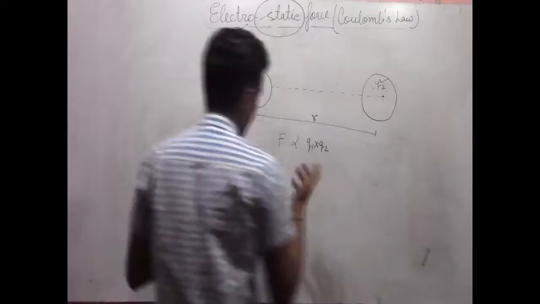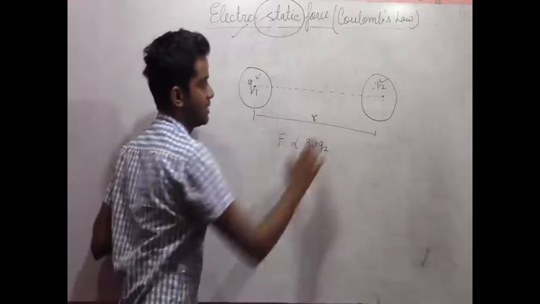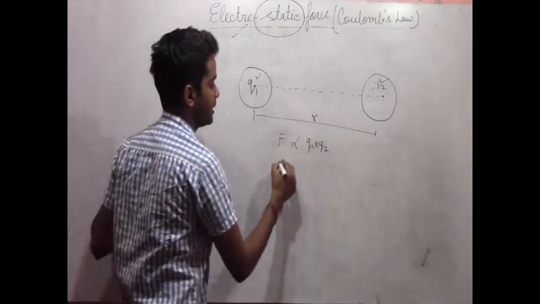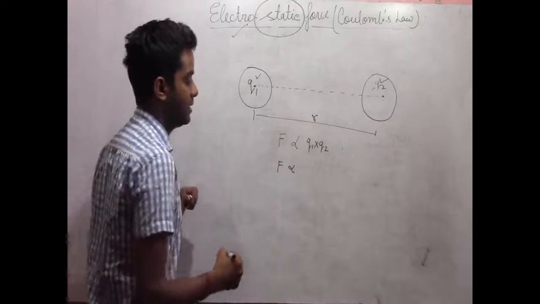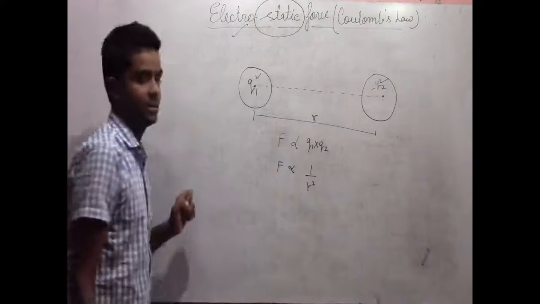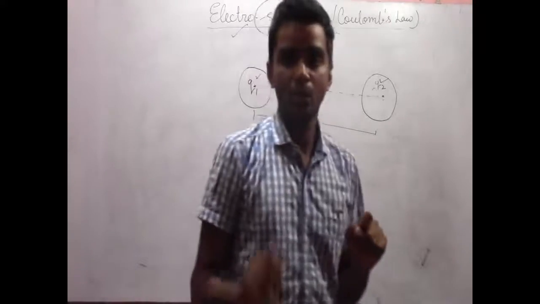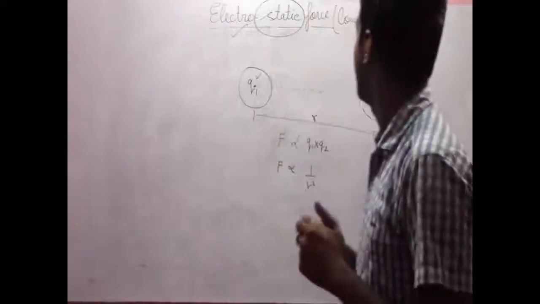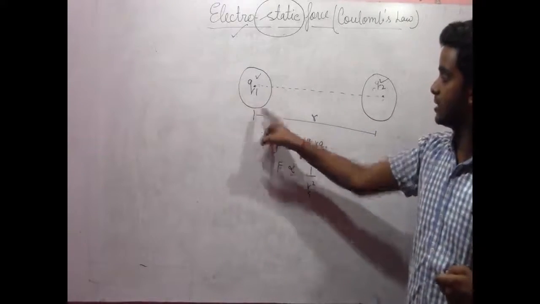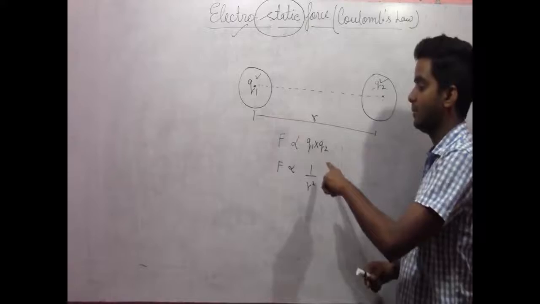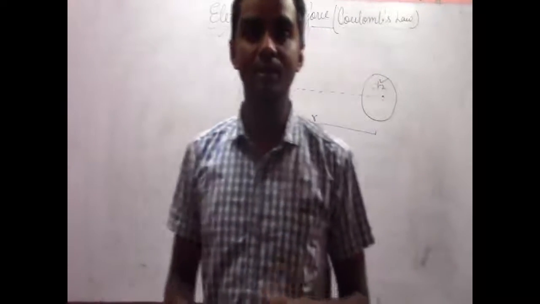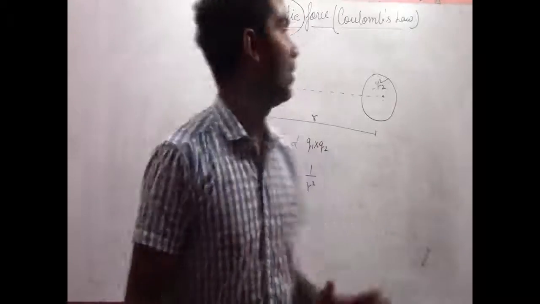Now, suppose the distance between the charges is R. Coulomb said that the force between the charges is inversely proportional to the square of the distance. So Coulomb's law says that the electrostatic force between the charges is directly proportional to the multiplication of charges and inversely proportional to the square of the distance. This is the basis of Coulomb's law.